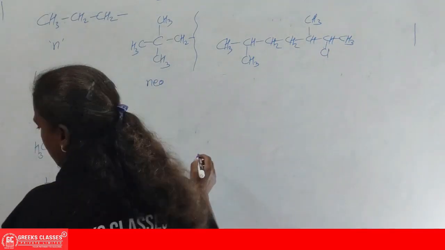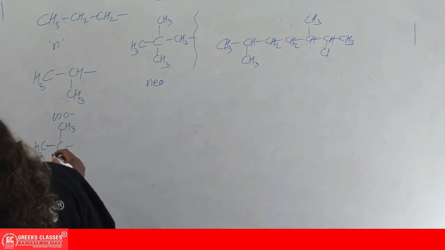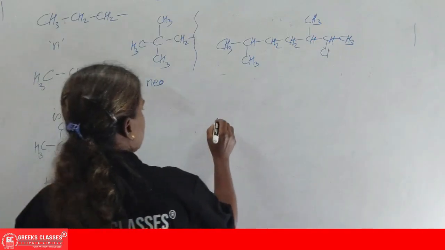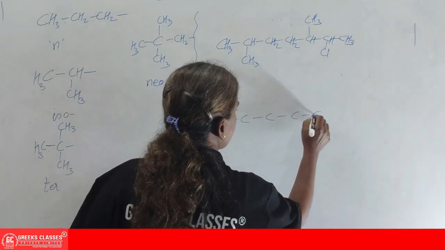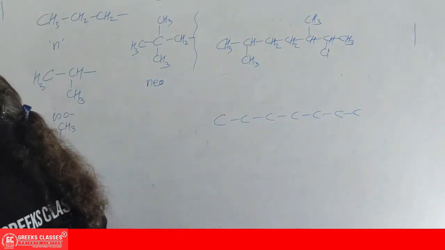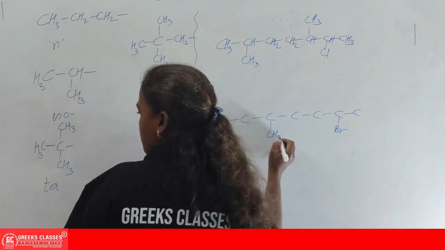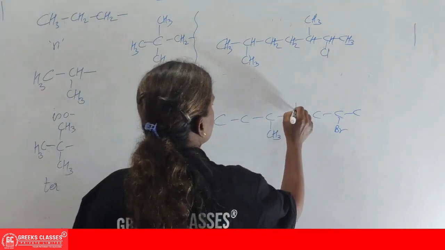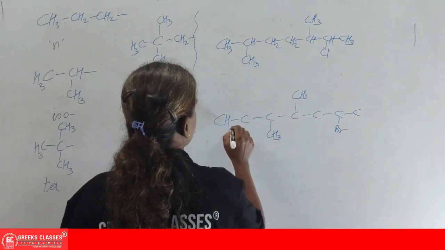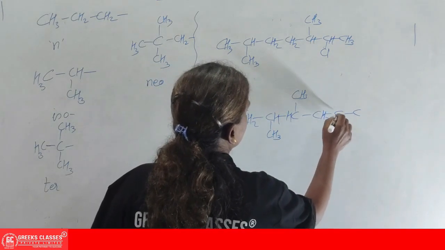Let's have one more example. Again it is a 7 carbon system, and the third carbon is having bromine. Here there is a methyl group attached. This carbon is having a methyl group. Let us know how to write down the nomenclature for this carbon system.